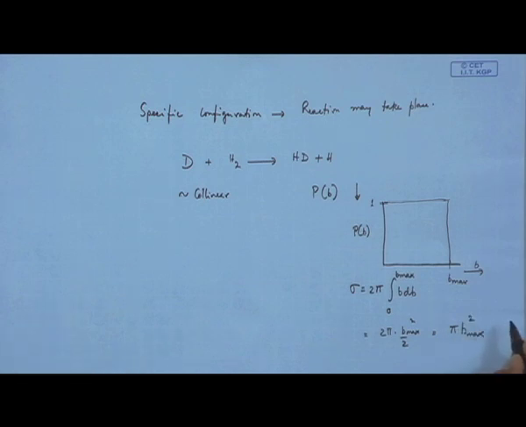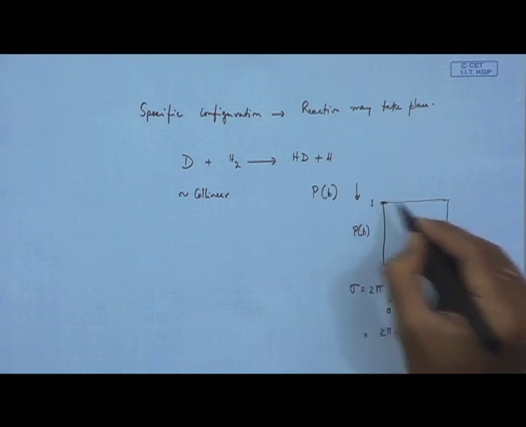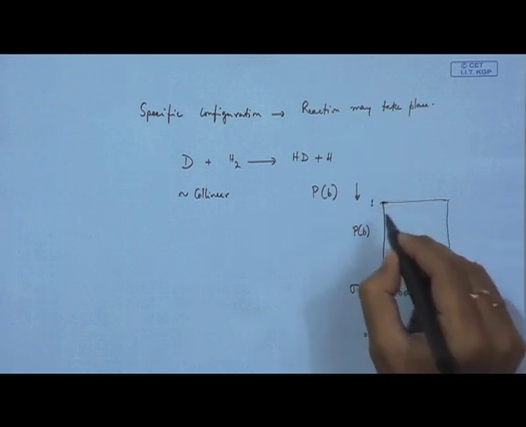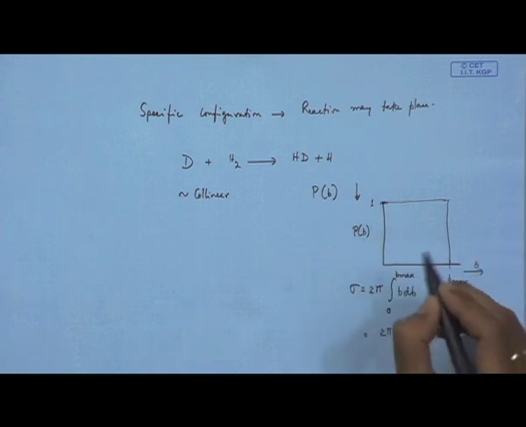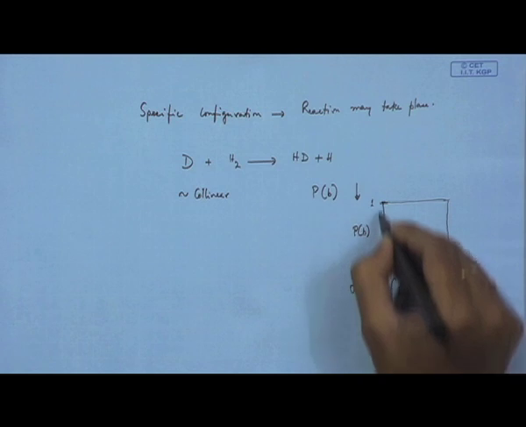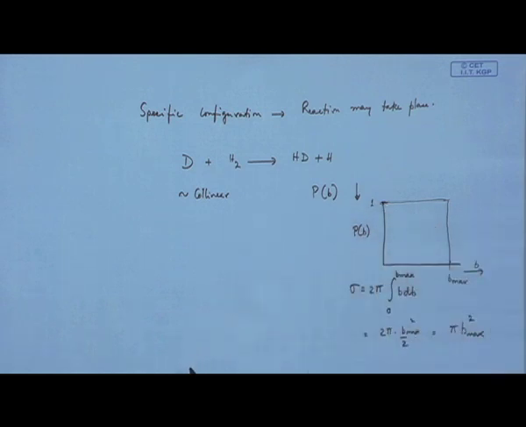But now, as I told you, because of the unfavorable orientations, this Pb value, which was 1, should reduce to some number, because it will not reach unity due to this steric requirement.